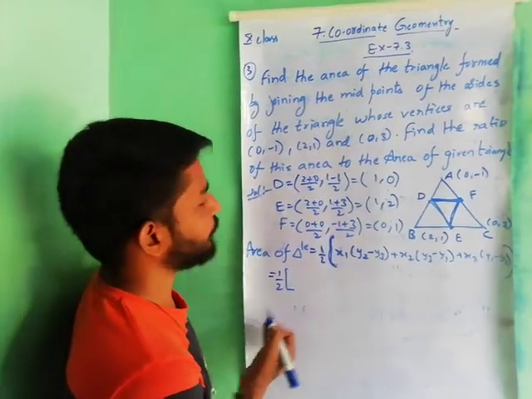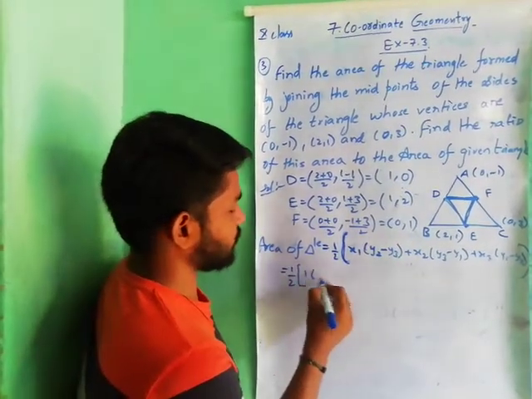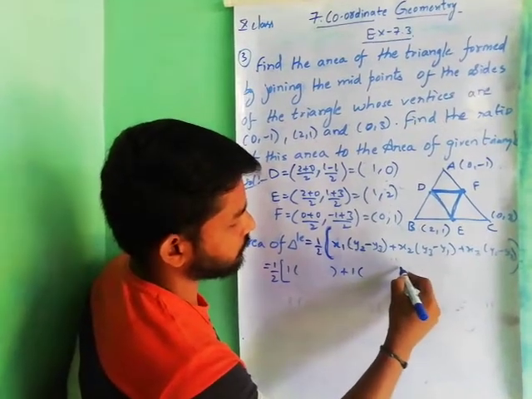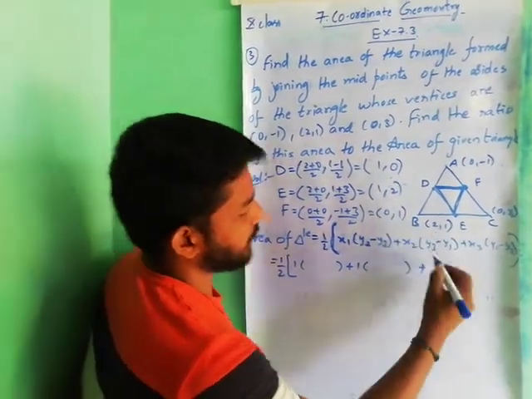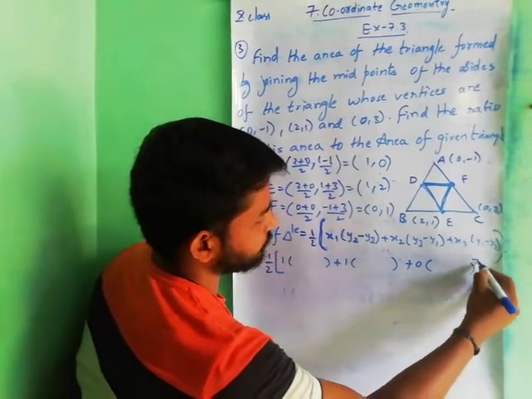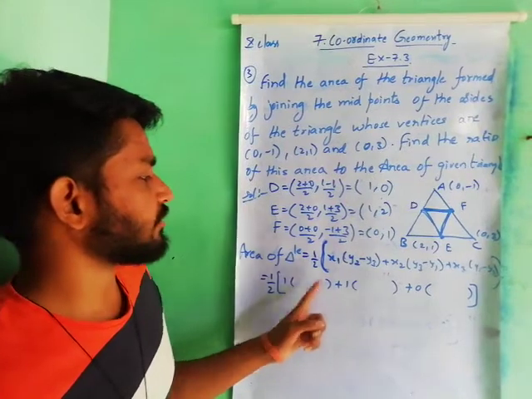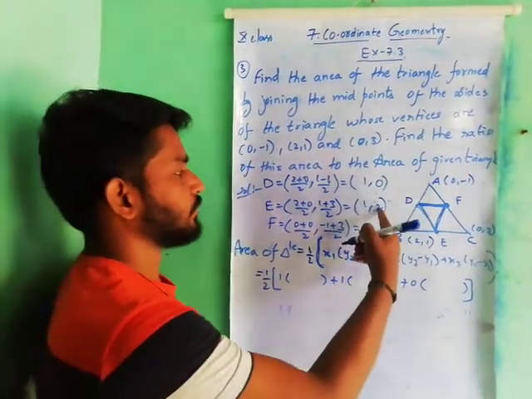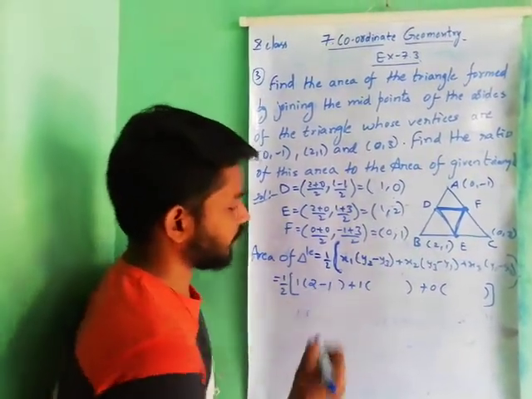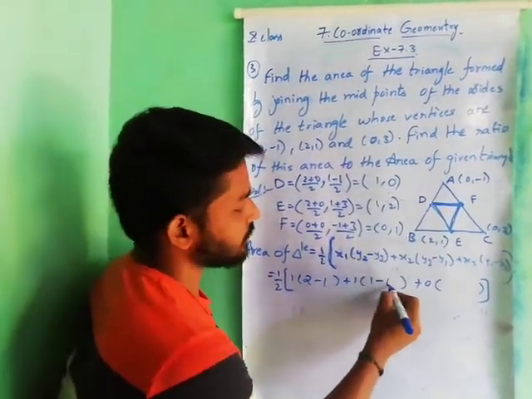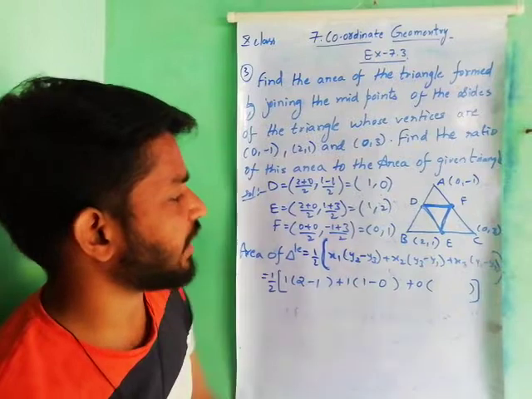So half into x1 value 1, x2 value 1, x3 value 0. y1 minus y2: 0 minus 2. y2 minus y3: 2 minus 1. y3 minus y1: 1 minus 0.